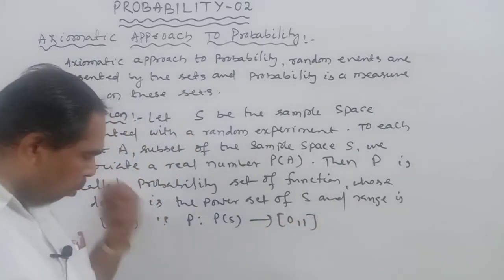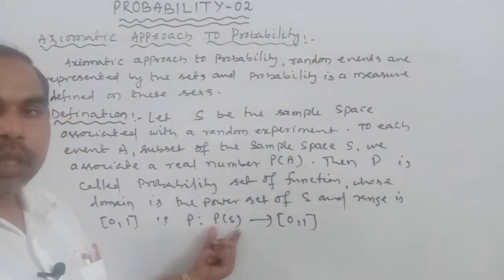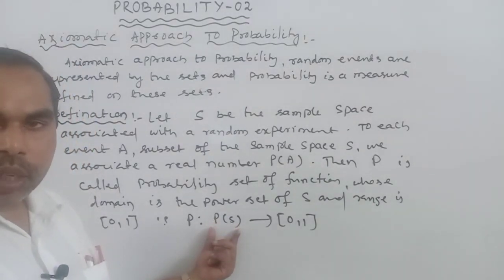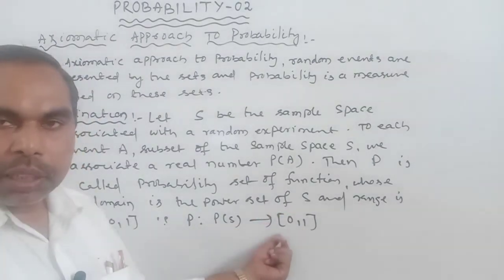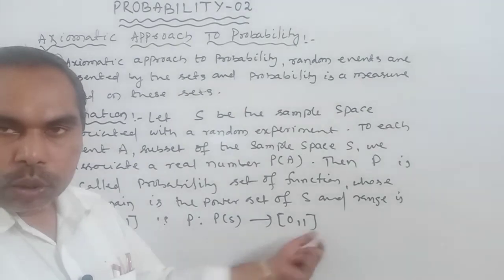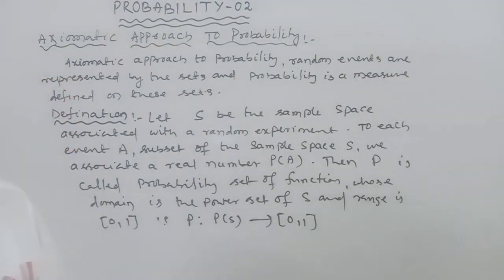Probability is purely a function. The domain is the power set of S, and the range means probability lies between 0 and 1, including 0 and including 1.